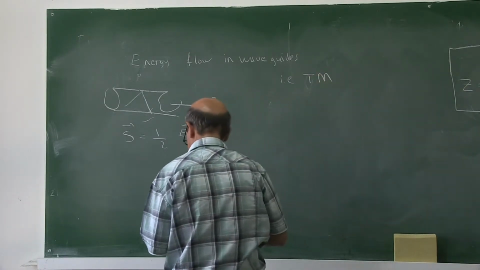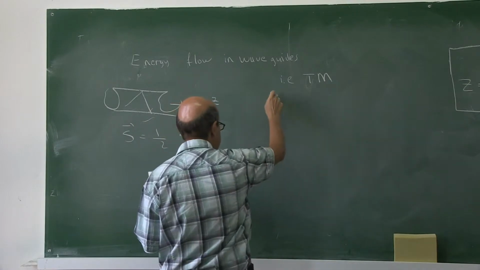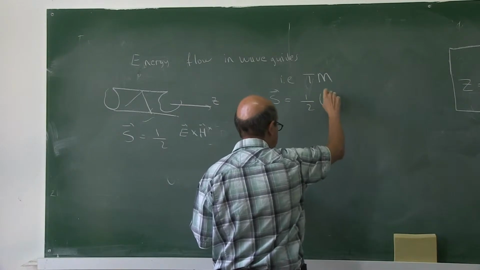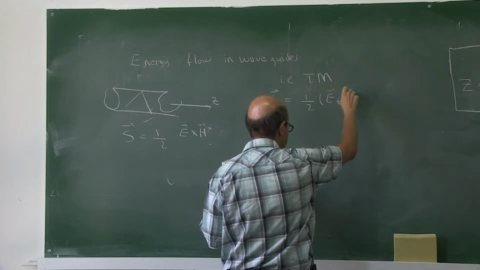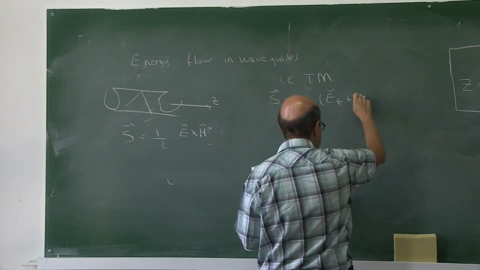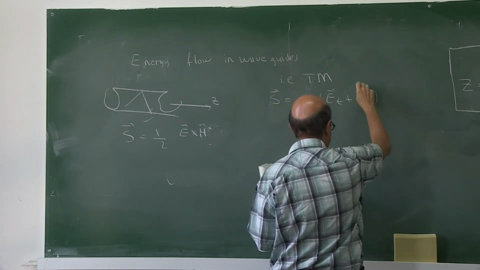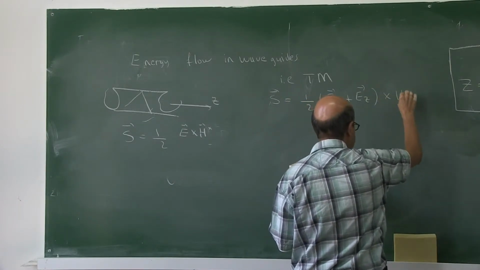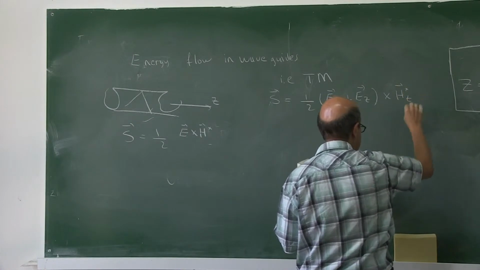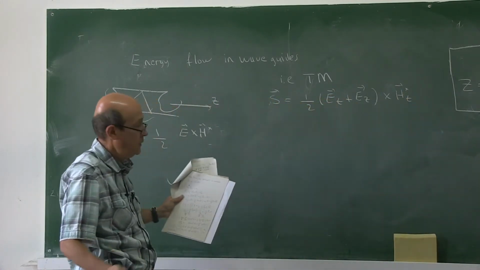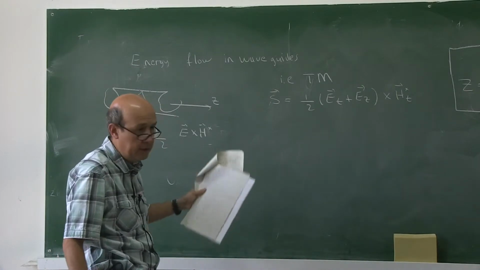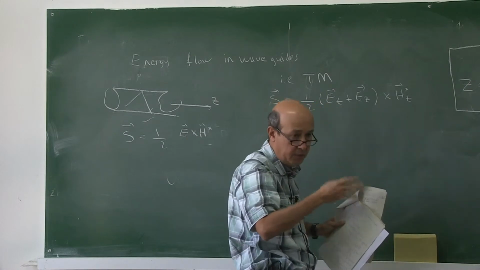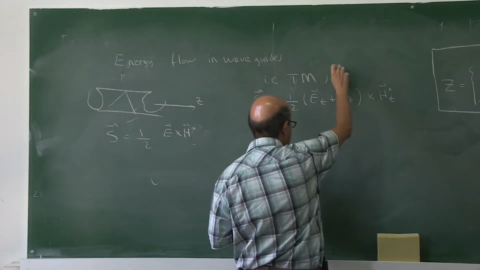TM again. So let me show you what S is for TM. 1/2, I can write this as E transverse plus Ez, cross, since only H transverse exists. Okay, so this is the Poynting vector S for TM, because we have only H transverse, because Hz is equal to 0.